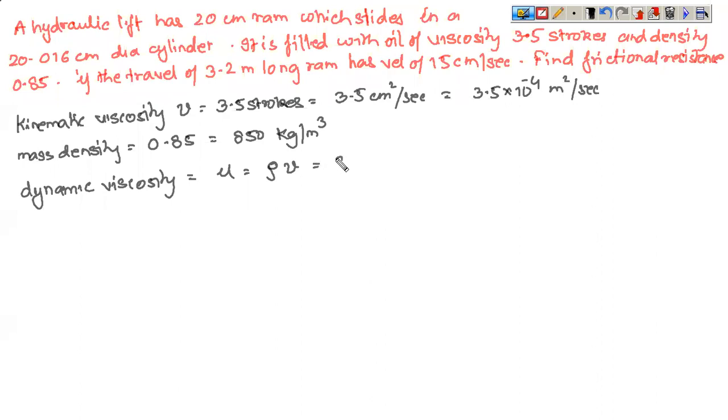So you have 850 multiplied by 3.5 into 10 to the power minus 4. So this gives you 0.2975 न्यूटन सेकंड पर मीटर स्क्वायर. वो जो हम पास्कल सेकंड में ले आ रहे थे वो अब पास्कल सेकंड में आ गए. So you have got the dynamic viscosity. अब थिकनेस ऑफ ऑयल फिल्म.